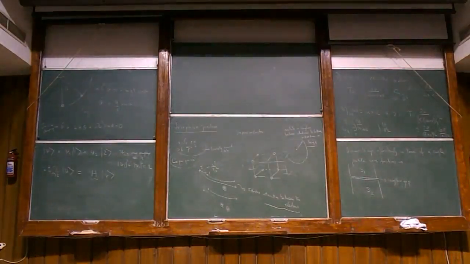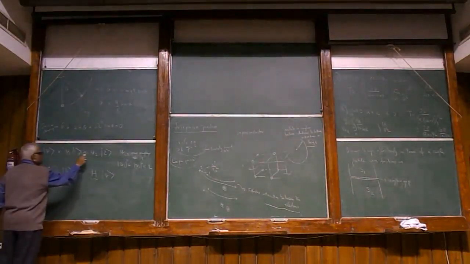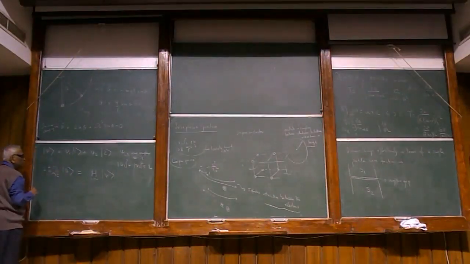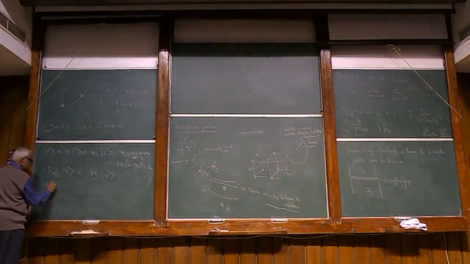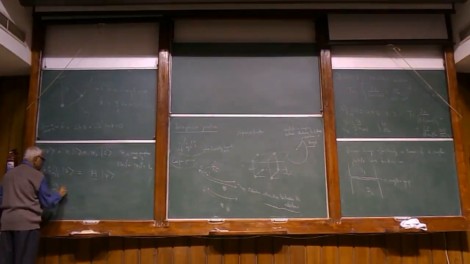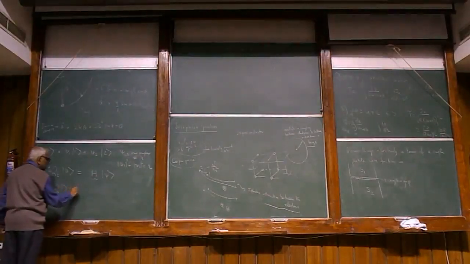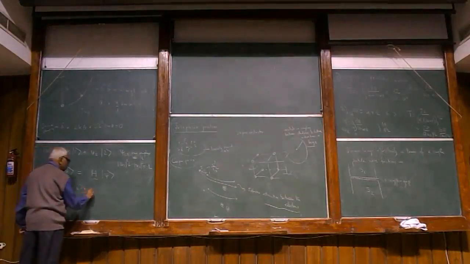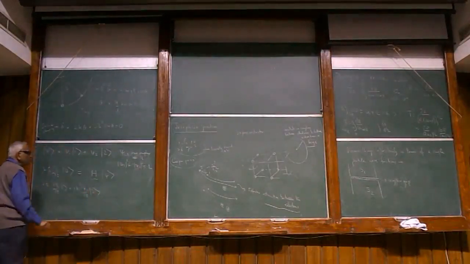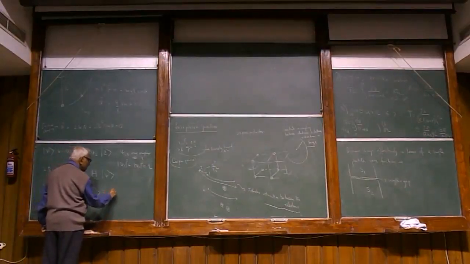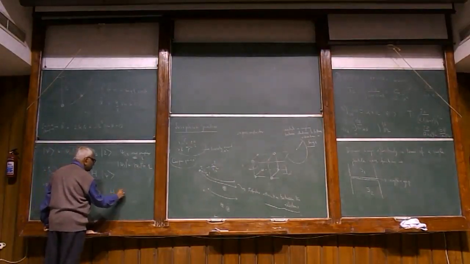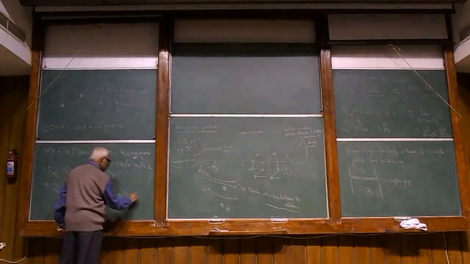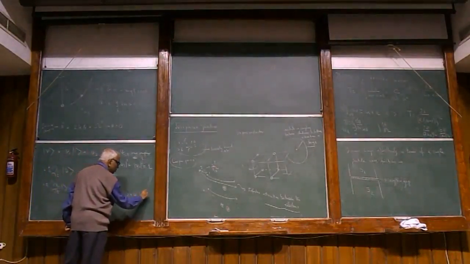The time dependence is in these coefficients psi 1 and psi 2. So let me write out i h-bar del psi 1 del t |1> plus i h-bar del psi 2 del t |2>, that's equal to H psi 1 |1> plus psi 2 H |2>.